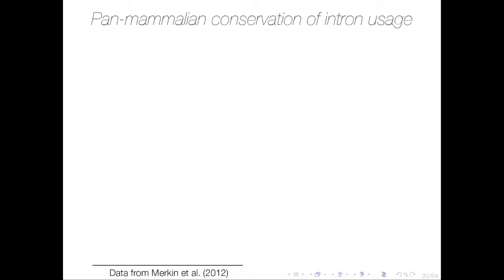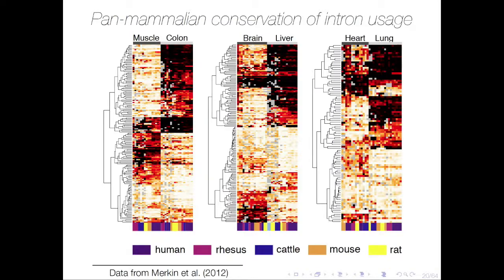We've also looked at whether these differentially spliced introns that we see between pairs of tissues in human are conserved when we look across mammalian species. And indeed, going as far as mouse, we find that around 10% of the differential splicing events that we find are actually conserved across those millions of years of evolution, suggesting that they do play a functional role.